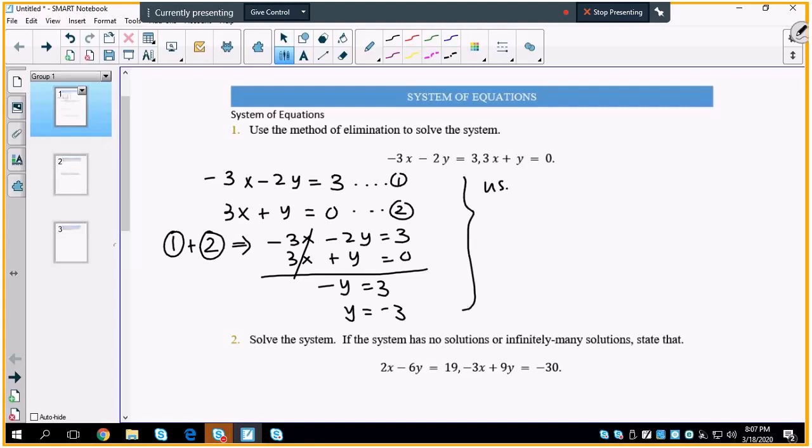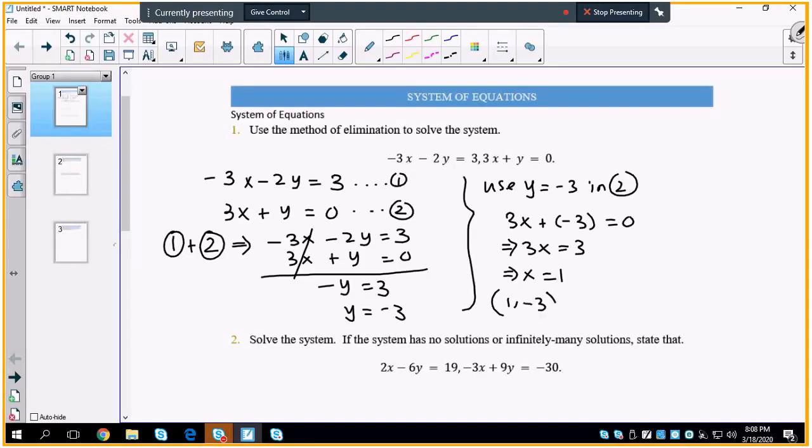So use y equal to negative 3, say in 2, and see what we get. 3x plus y, where y is negative 3, is equal to 0, which means 3x is equal to 3, implies x is equal to 1. So I say the point (1, negative 3), x equal to 1, y equal to negative 3, is the point in the solution set.